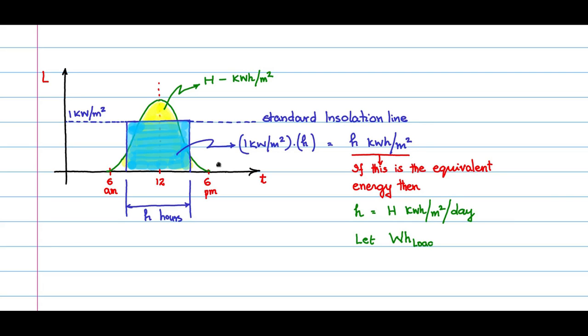Now let us say that WH load is the required energy, and WH load by H is the peak power requirement for the PV panel.